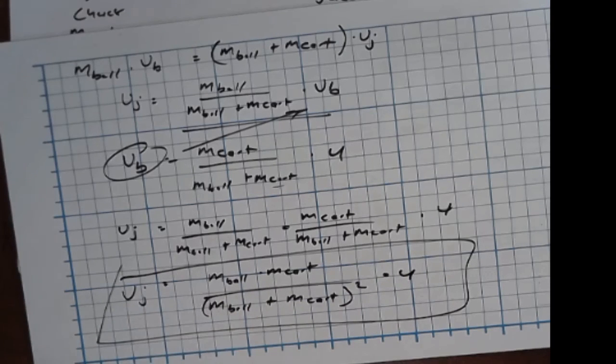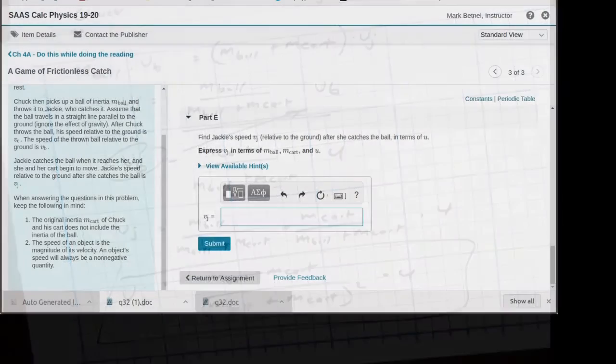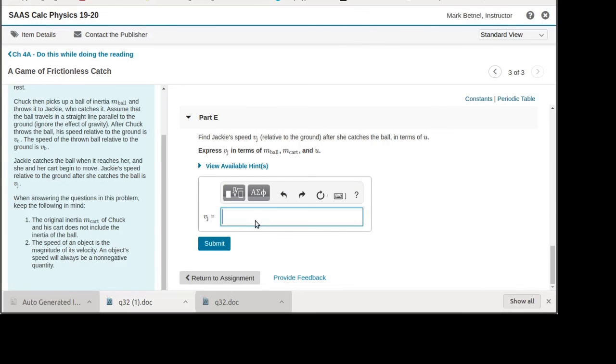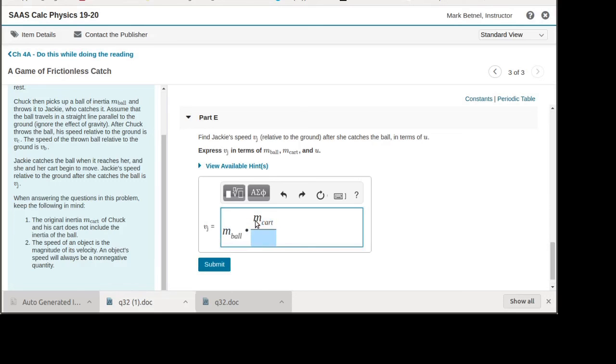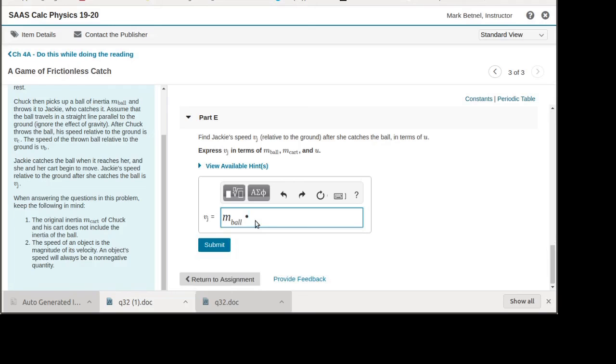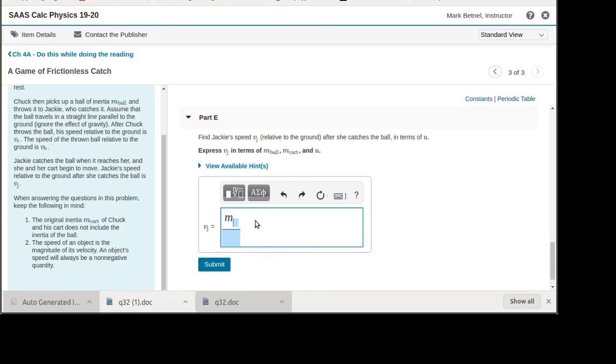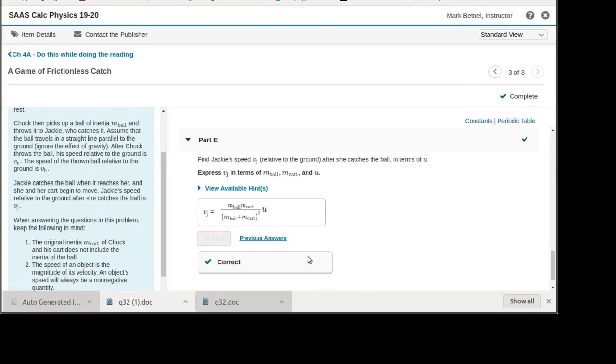So that's the velocity of Jackie in terms of u. So then I got to take that and put it back in the final results, and I'll get m ball times m cart divided by, let me put it all into one fraction, m ball plus m cart squared, times u, and submit, and I got it.